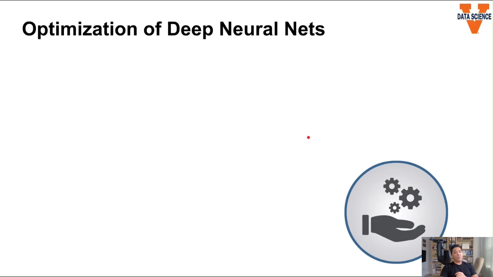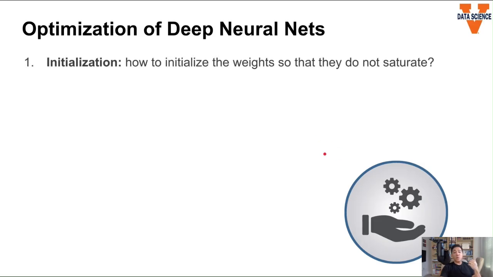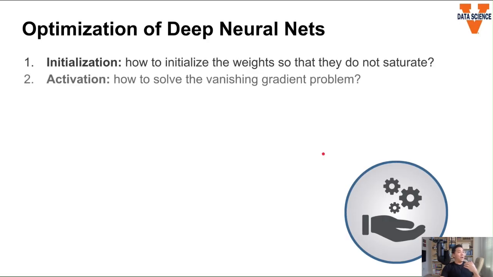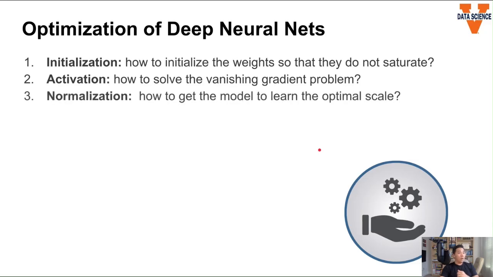In the optimization of neural nets, there are a few considerations we have to keep in mind. Initialization: how do you initialize the weights so that they don't saturate? Activation: how do you solve this gradient problem by choosing the appropriate activation functions? Normalization: how do you get the model to learn the optimal scale of the parameters?